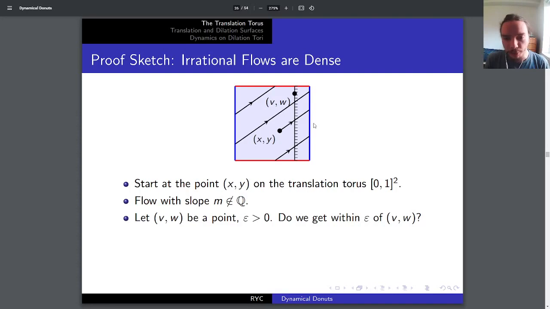And it'll be true for any point, and it'll also be true for any starting point xy. Right? Now we'll see where this irrationality of m comes in handy here. It's very, very important at one particular step, so we'll see that. All right, so how are we actually going to do the proof? Well, what we're going to do is we're going to flow at first until x plus t.